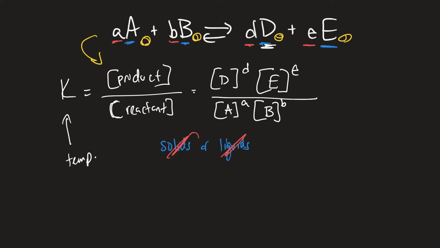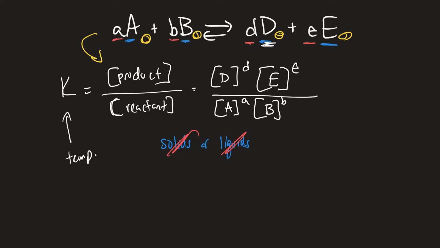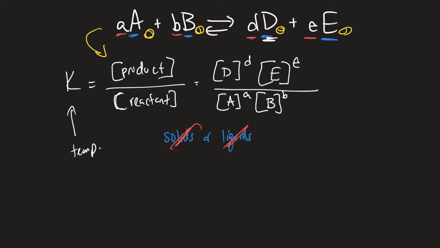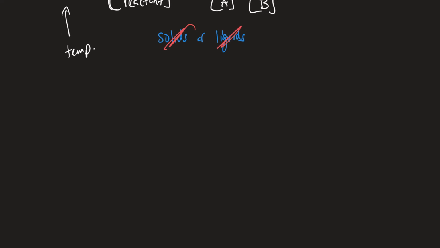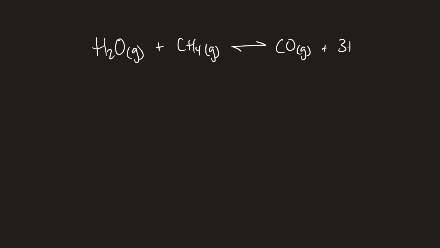So let's look at an example of writing these equilibrium expressions, and that's what we call them, using an actual real chemical equation. Here's a chemical equation where we have water vapor plus methane gas, and this reaction is in equilibrium to form carbon monoxide plus hydrogen gas. What we want to do is write the equilibrium expression according to this reaction.